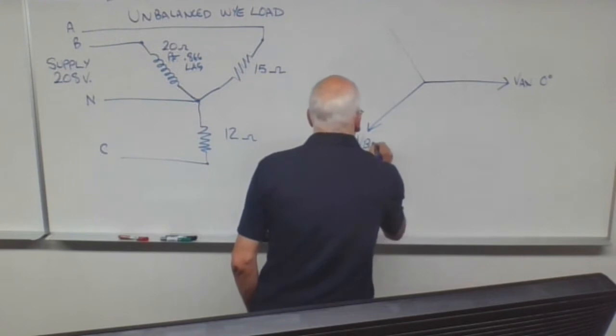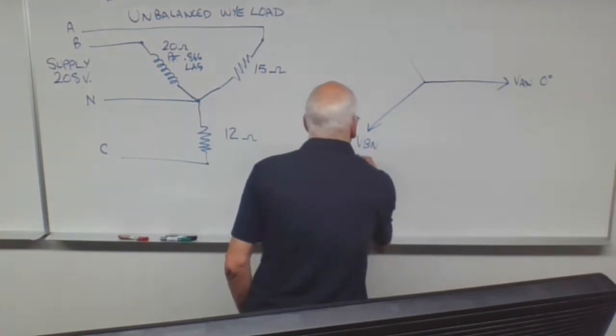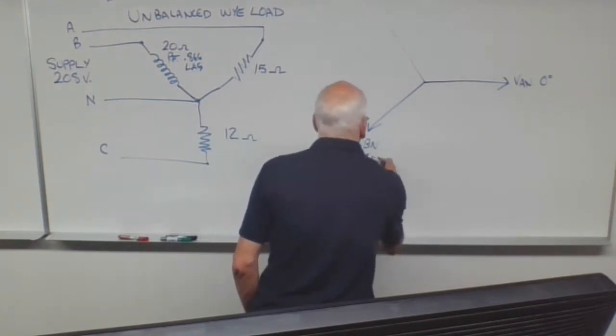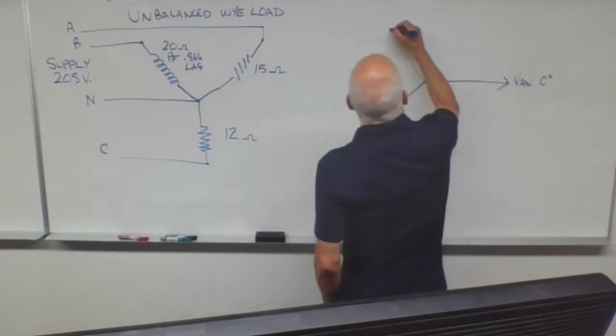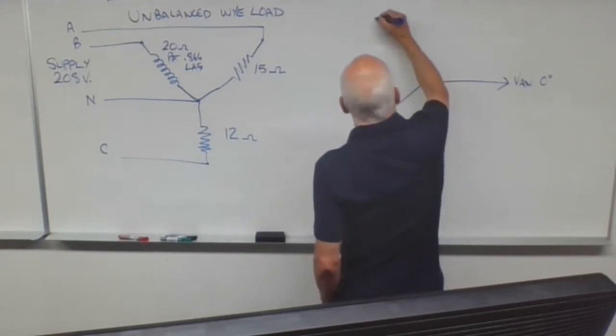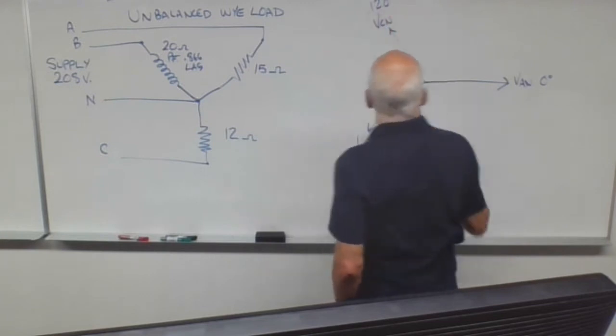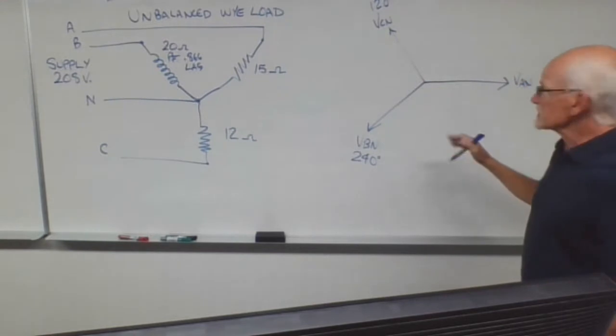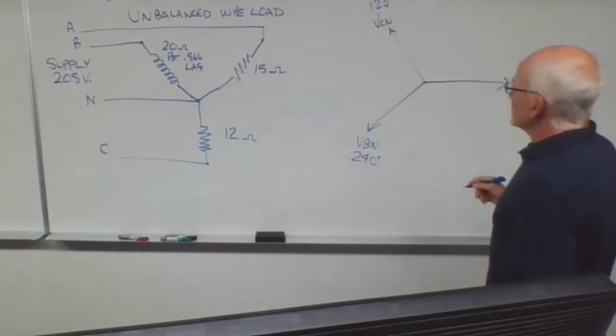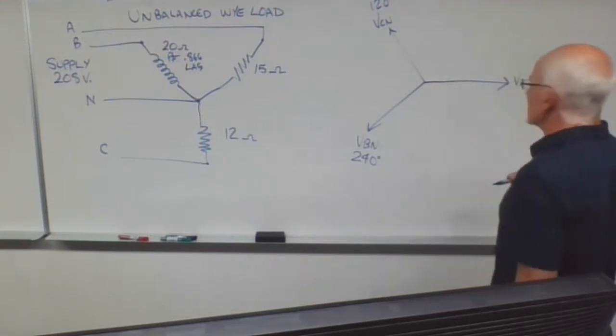VB to N is the next phase voltage at 240 degrees. Phase C to N is the third voltage at 120 degrees. That's the three voltages for this phasor diagram.